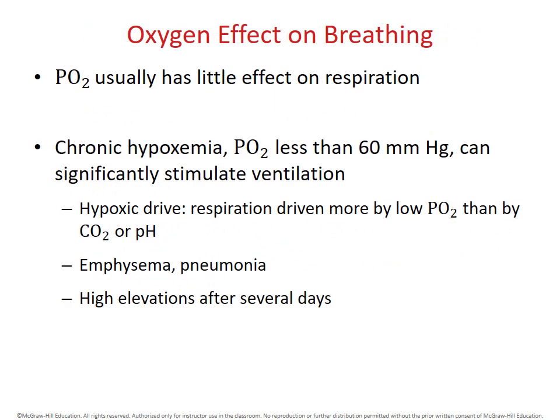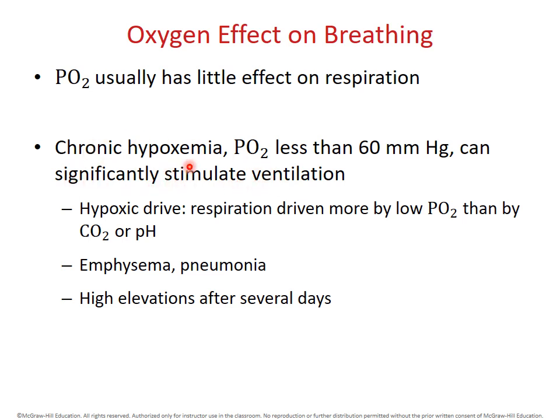And then finally, for this chapter, we said that decreases in levels of oxygen really don't affect ventilation rates too much. They have very little effect, but under chronic conditions like chronic hypoxemia, where we have oxygen levels less than 60 for long periods of time, those kinds of extreme conditions can affect ventilation, right?